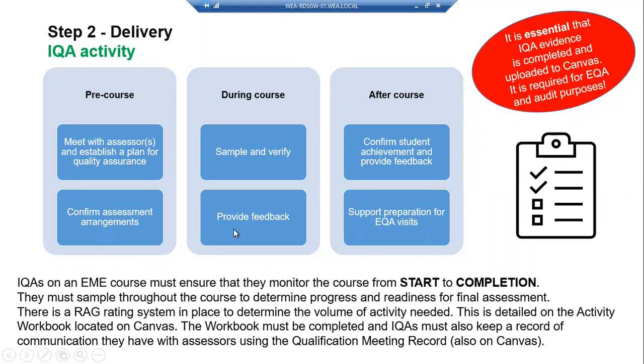This workbook needs to be completed throughout the course, and a record of that should be kept on Canvas alongside any one-to-one meetings that IQAs are having with tutors to talk about any aspects of the EME qualification. Use the qualification meeting record.